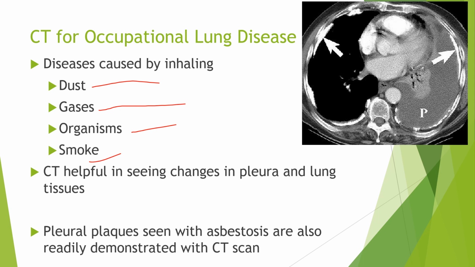Well, you can see changes in the pleura and the lung tissues with this one. So you can actually see how on this picture in the upper right part of the screen, it's showing that opacification up there. You can see that scarring in the pleural, and you can even see it in the bases. You can see that scarring that's starting to form down there. It's pretty bad stuff. So that's pleural plaque that you're looking at right there.